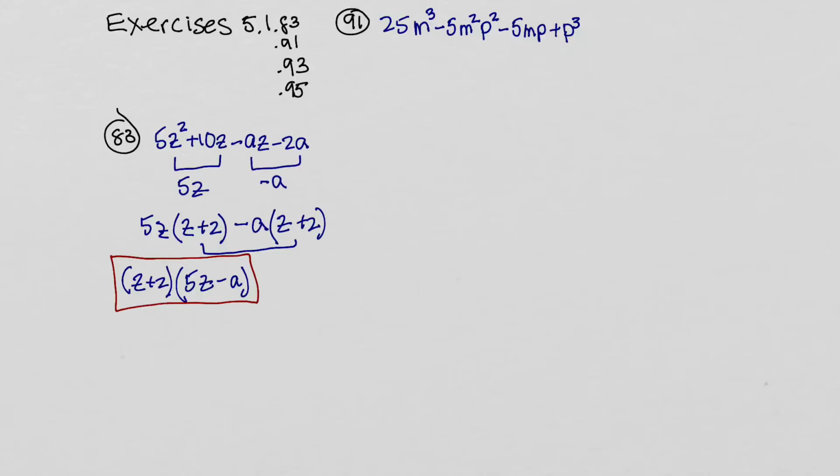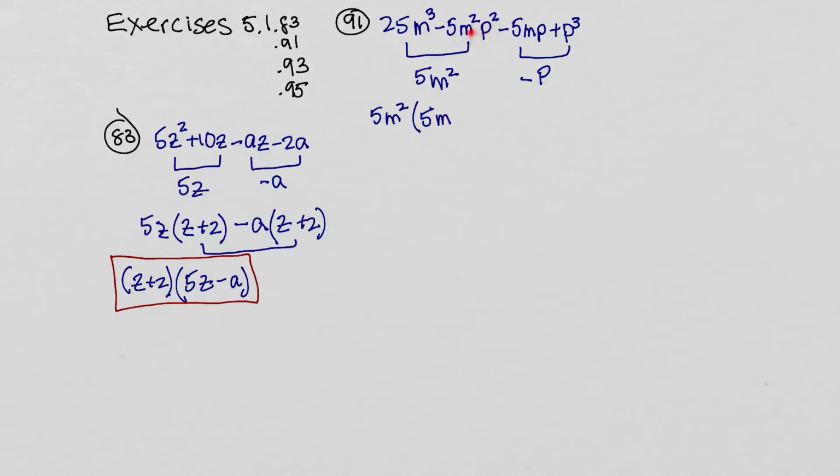So let's give this a try. So let's do this. So we'll take out a 5m squared, and removing the 5m squared, 25 divided by positive 5 is 5. There was an m cubed, 3 m's, but we're removing 2. So there's 1 m left.